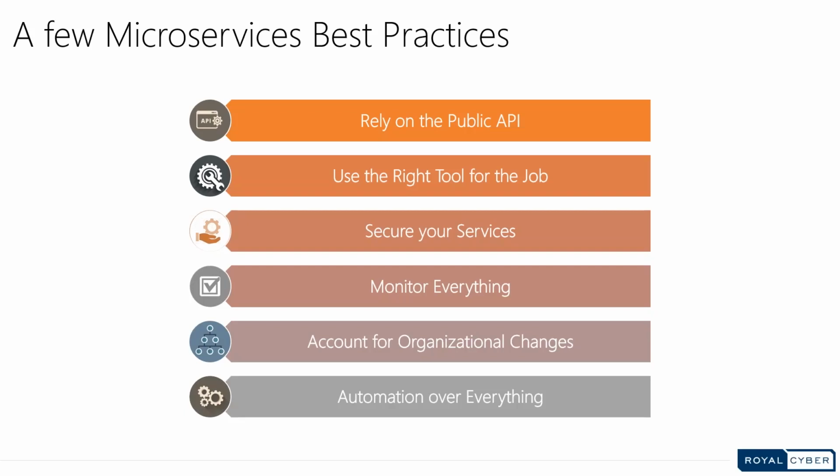We have to ensure that we secure our services and always put monitoring in place. On top of that, we also need to account for any organizational changes, and automation always helps over everything, right? So we can put all of this into a CI/CD pipeline and monitor.